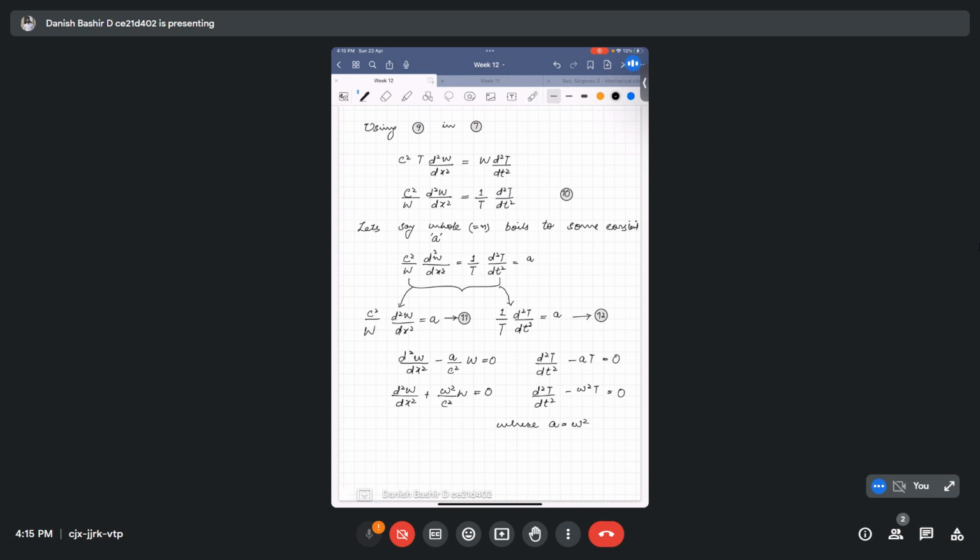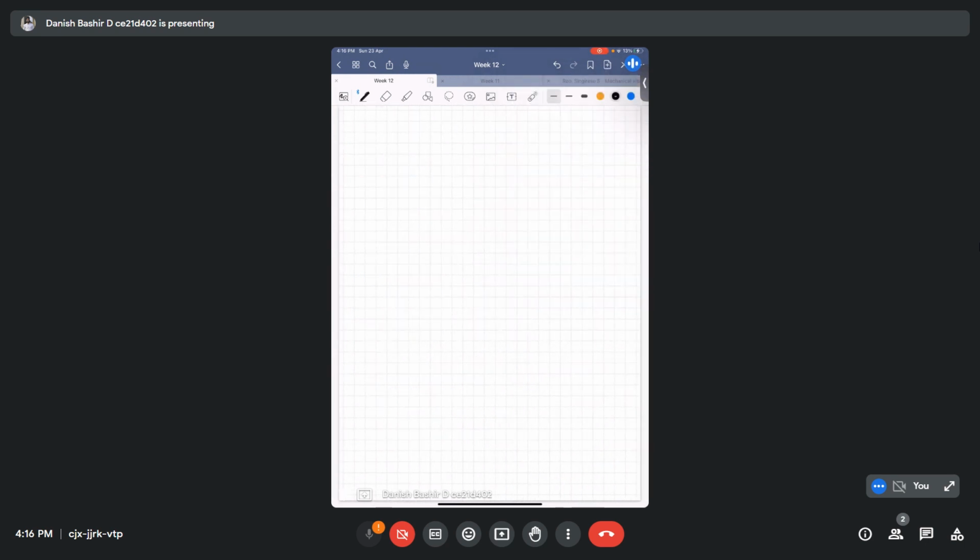So we can write the solutions for these two. These are well-known equations. For the solution, the displacement along the space, w of x, will be equal to a cos omega x by c plus b sin omega x by c.